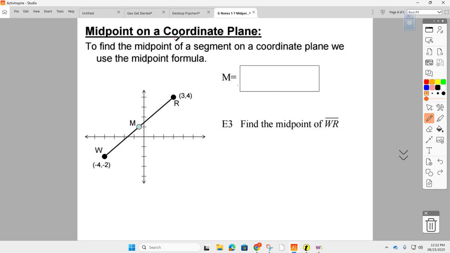So this point, the distance from N to R, has to be the same as the distance from N to W. We're not finding the distance here, but this is a recap. We need to make sure we're reviewing our vocabulary. And our answer needs to be an ordered pair. If we're finding the midpoint, our answer has to be an ordered pair. This is the formula.